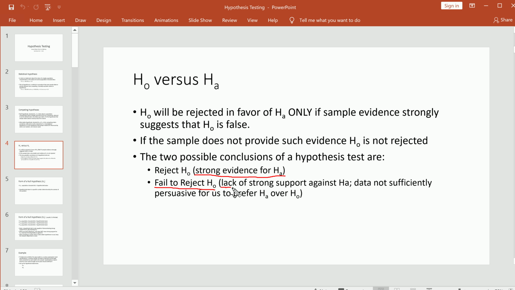As you can read the language here, the implication would be that you lack strong support for the alternative. Therefore, you can't debunk or knock off the null hypothesis. So the data is not sufficiently persuasive for us to prefer the alternative over H0. So one of these two outcomes will occur at the conclusion of a hypothesis test.